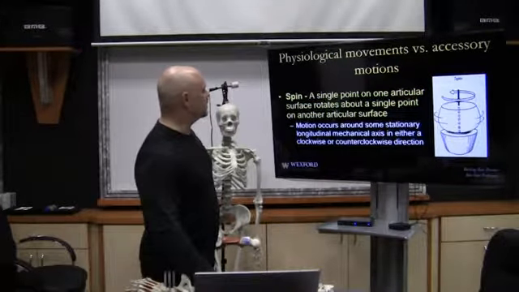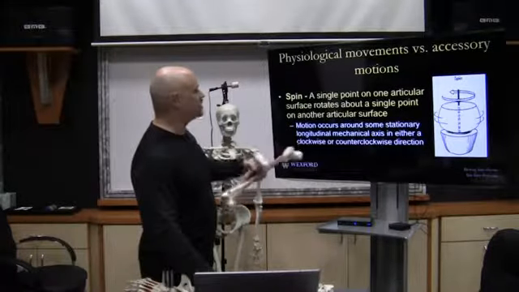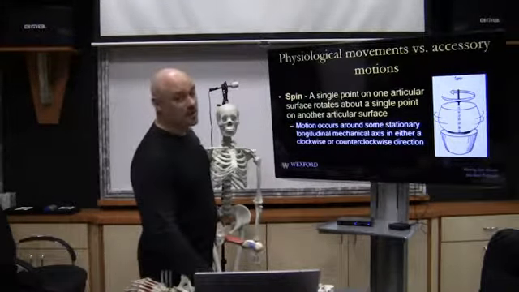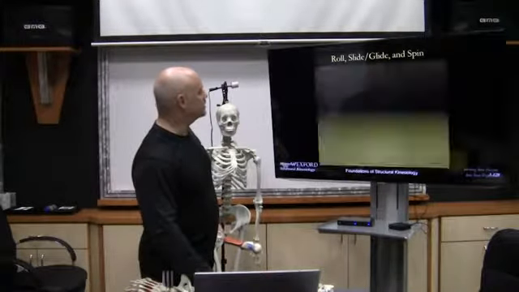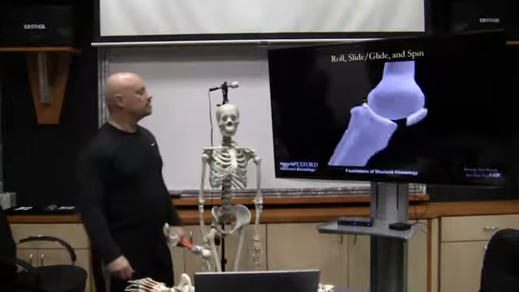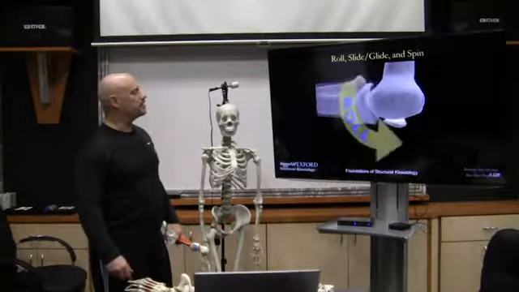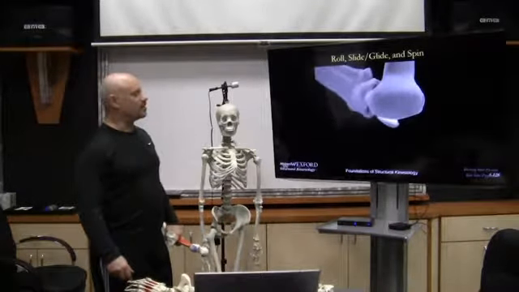Motion occurs around some stationary and longitudinal mechanical axis in either the clockwise or counterclockwise direction, depending on the joint. So let's take a look at this. Watch it for a little bit. If it comes up, it rolls, it slides, just like we talked about before.